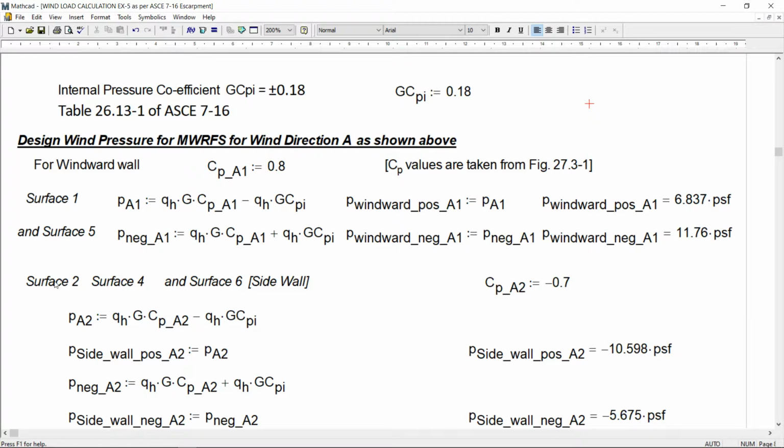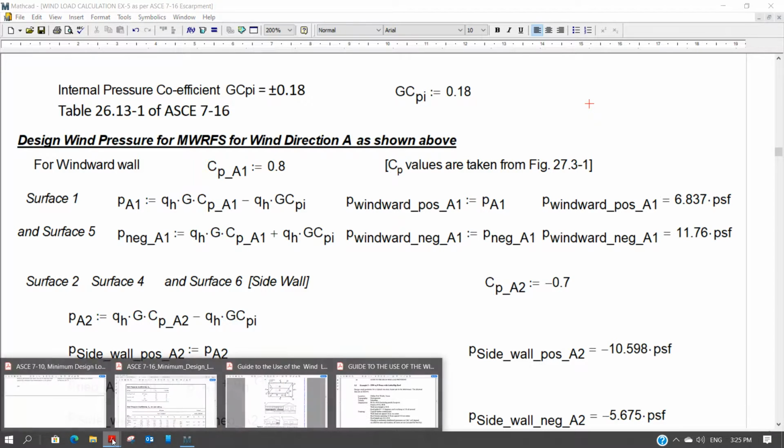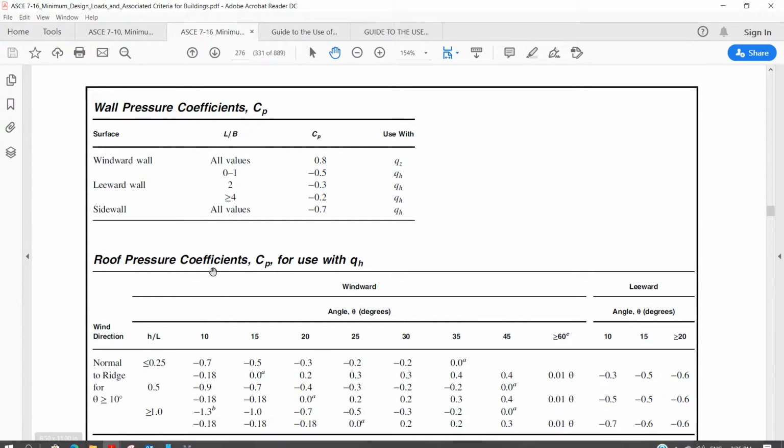Now, as I mentioned before, surface 2, surface 4 and surface 6 are the side walls. For side wall, 0.7 is the value of Cp. Let me show you over here. Side wall, all values 0.7.